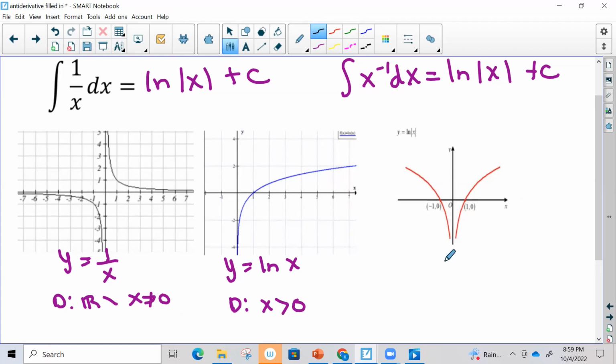So in order to get them to match up, if we add that absolute value of x on, then this domain is the same, where it's all real numbers except x can equal 0. The reason is you can't plug a negative into the natural log, it gives you an error. But as soon as you put that absolute value, you can plug every number in except 0, which matches that domain. So that's the reason for the absolute value. Just remember to put it when you're writing the answer.